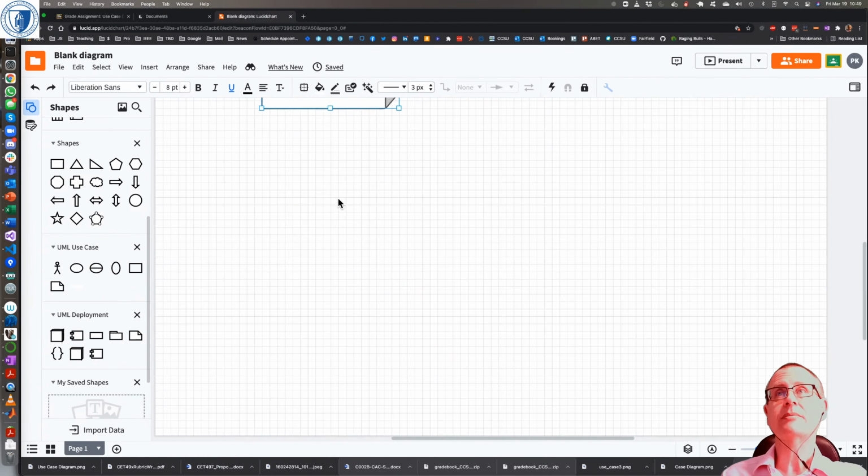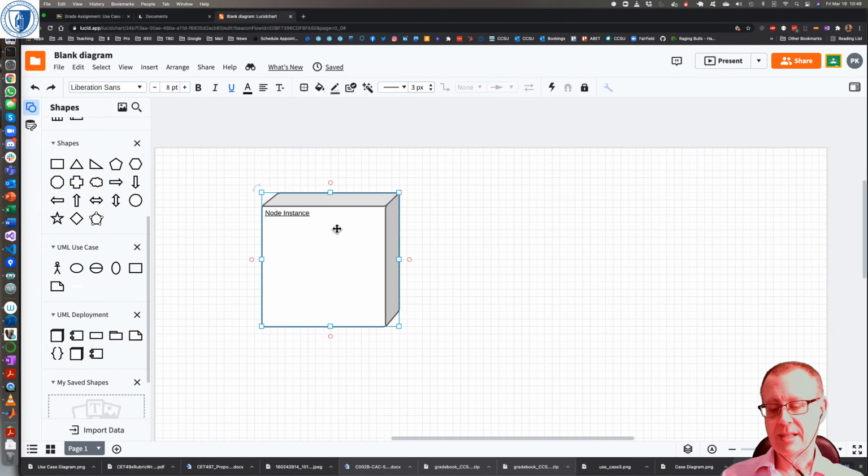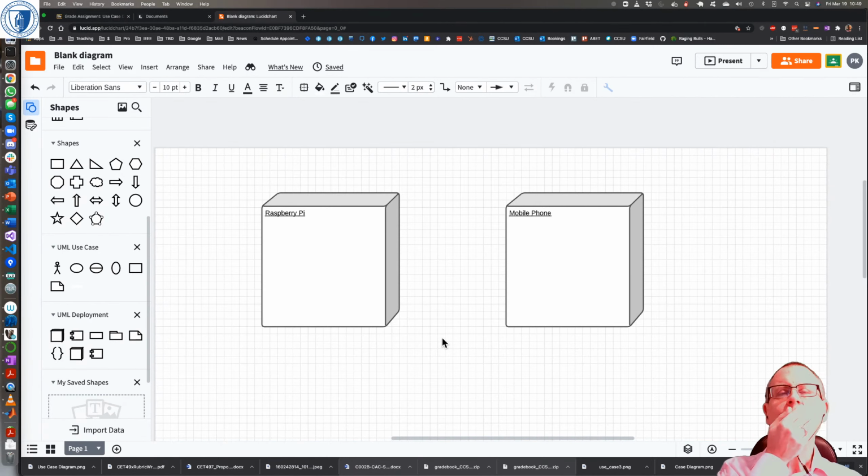So we might call this, maybe you're using a Raspberry Pi, and then maybe we also need a mobile phone, right? And I'm hoping nobody needs a server, but you might also think about having a server. Now you've got those two pieces.